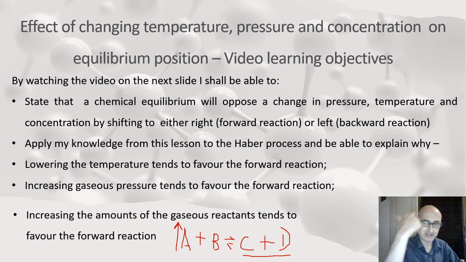By shifting the equilibrium to the right. By shifting it to the right, it removes that A and produces more of C and D.